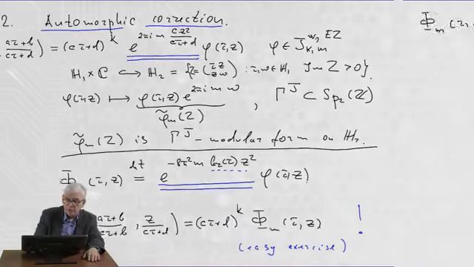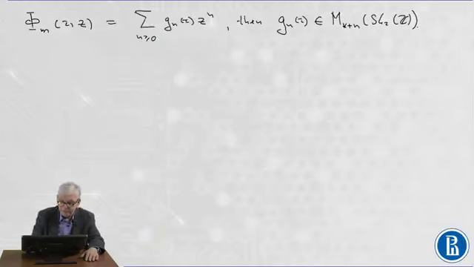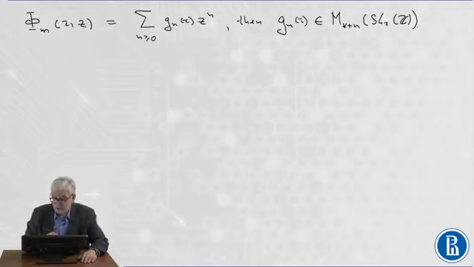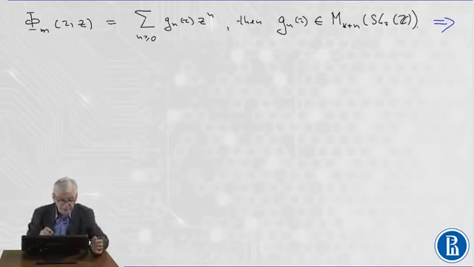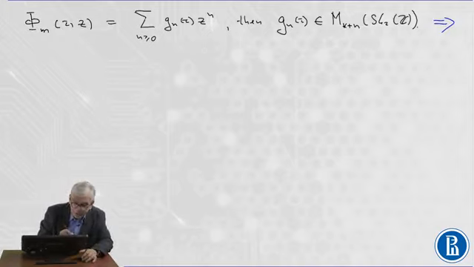Now I can write down the Taylor expansion of the original Jacobi form. So phi is our original weak Jacobi form of weight k and index m.